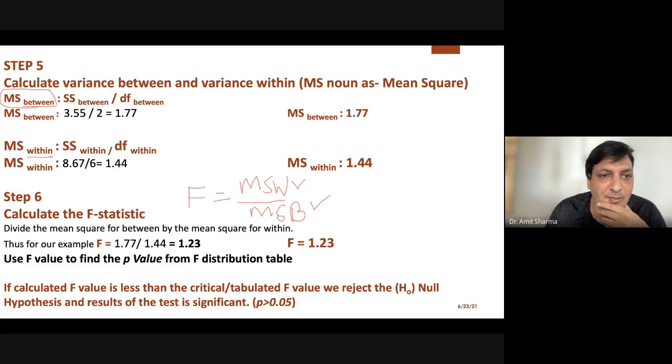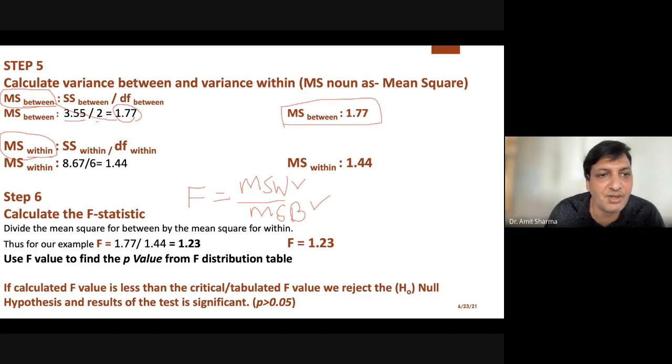So these two values you have to calculate, MSB and MSW. So how to calculate? SS between you have calculated earlier in the previous slide, and degree of freedom between you have calculated earlier. So we'll just use the readings, that 3.55 divided by 2, we are going to get the reading for MS between. So MS between was found to be this much, 1.77.